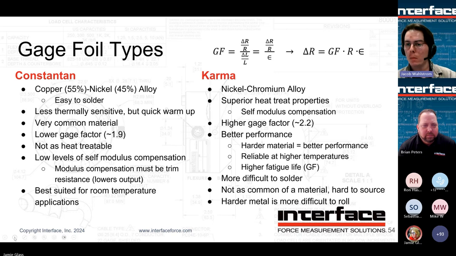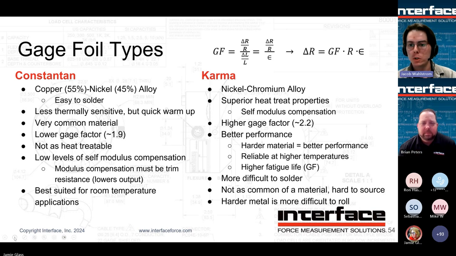So if you want to modulus compensate a Constantan bridge, you have to add modulus trim. So basically special resistance on your excitations that change their resistance to basically lower the voltage applied to the bridge. And Constantan gauges are best suited for room temperature applications. They're definitely not good for high temperature applications.